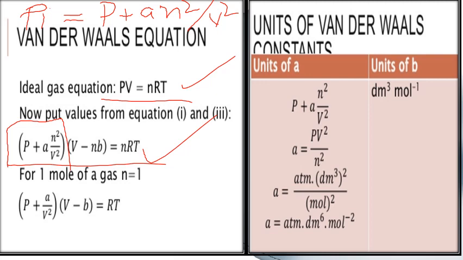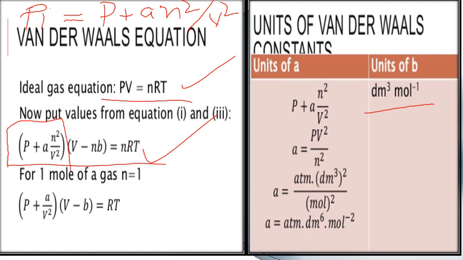Now sometimes you are asked what are the units of A and what are the units of B. The units of B are dm cube per mole. You know very well that volume is given in decimeter cubes, right?